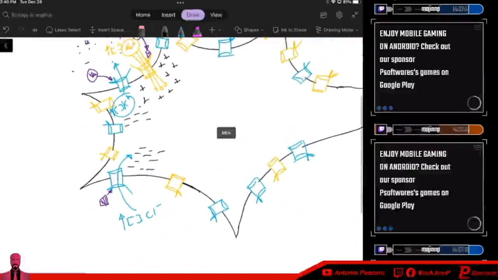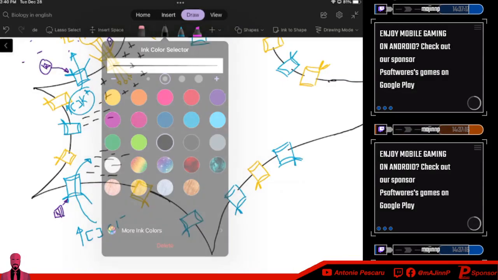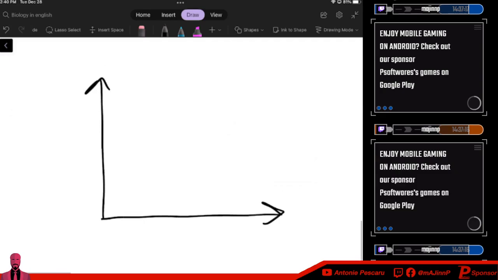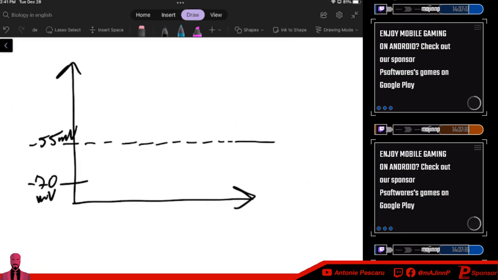And so we're dealing with a problem here, because if I go back to my graph and I do my graph again, let's say we got minus 70 millivolts here. And this is our excitation threshold, which is again minus 55 millivolts. I'm going to use different colors for this. I'm going to go with yellow because those are our positive ions.